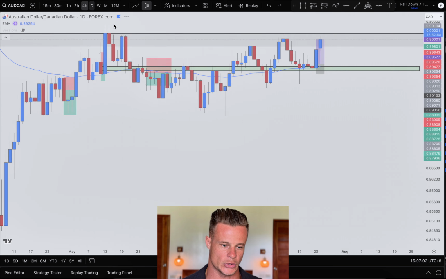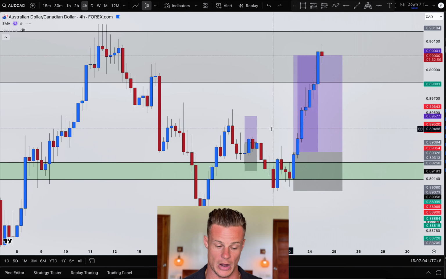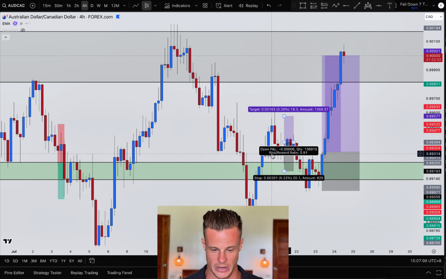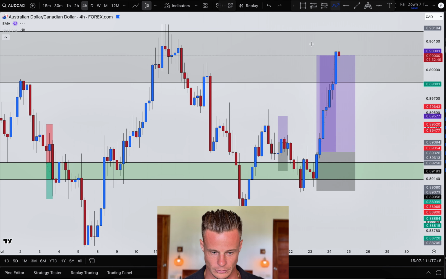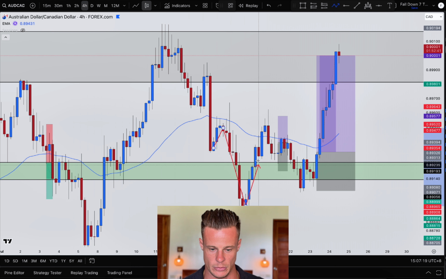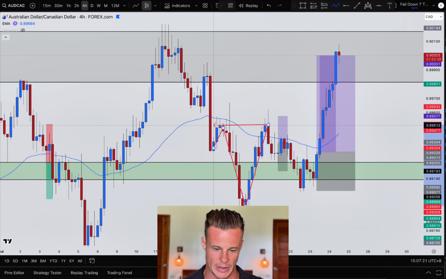Now, why did I enter this trade? Because I'm going to reveal my strategy completely for free. I don't charge people anything. You can see here, when it went down, it made this 4-hour chart bearish because we broke this previous low. And then we came back, failed to break above.